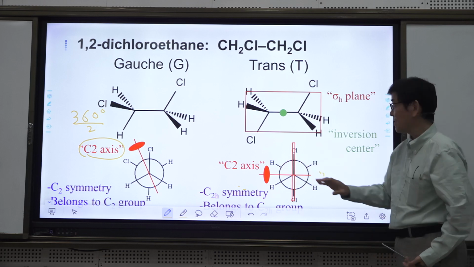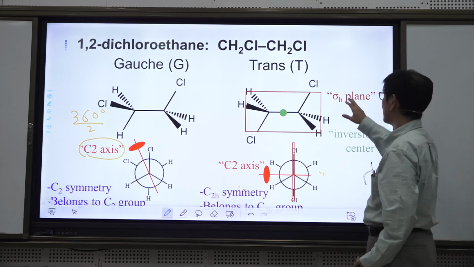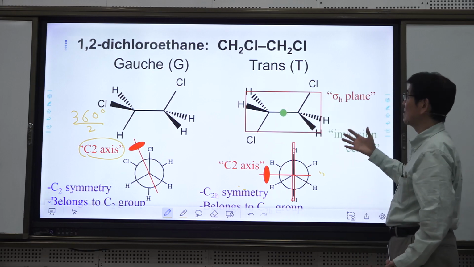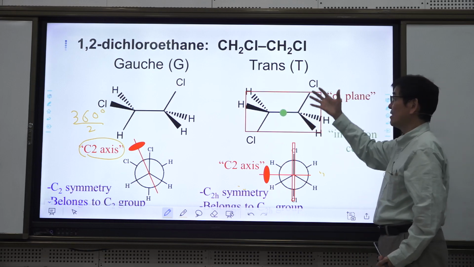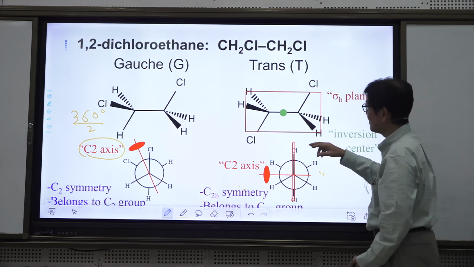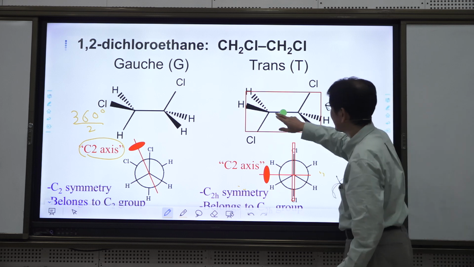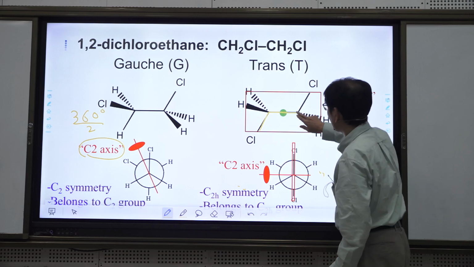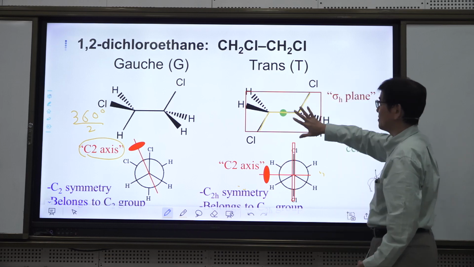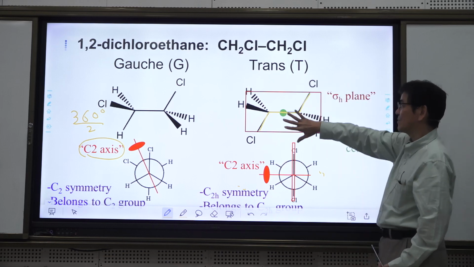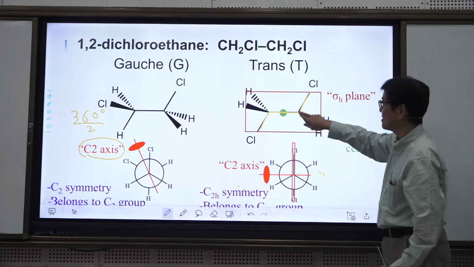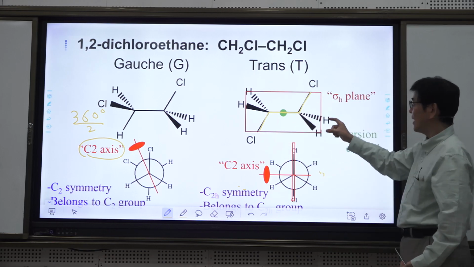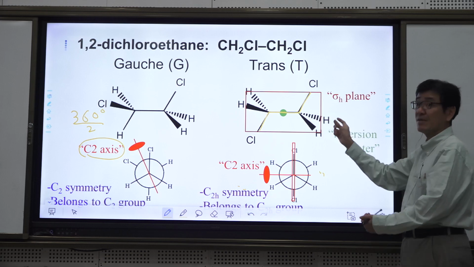Besides the C2 axis, it has a mirror plane. By putting mirror on the plane, including Cl, C, C, Cl, then two H atoms are in the mirror image.